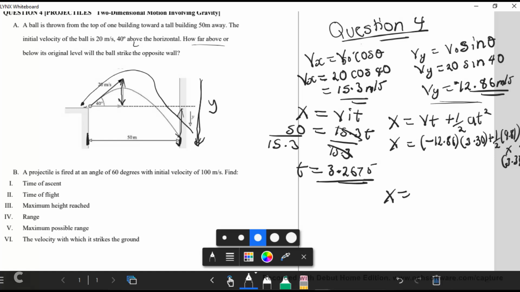Then I'm getting negative 42.438, plus 0.5 or just half times 9.81 times 3.3 squared.